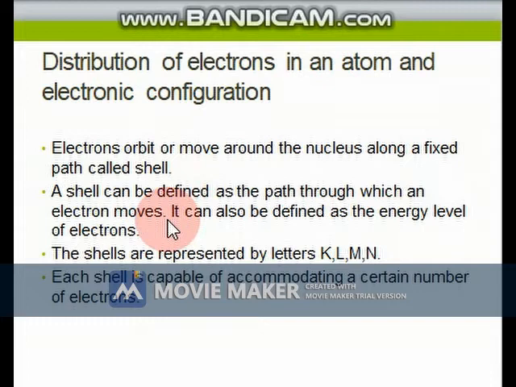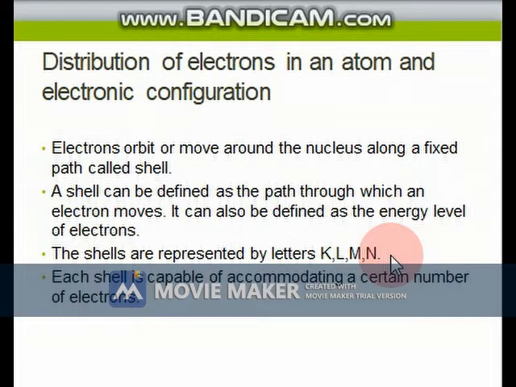It can also be defined as the energy level of electrons. The shells are represented by letters like K, L, M, N. We use the alphabet, and it starts from K. So you cannot just allot any alphabet on your own. You would have to use what scientists have generally agreed on.